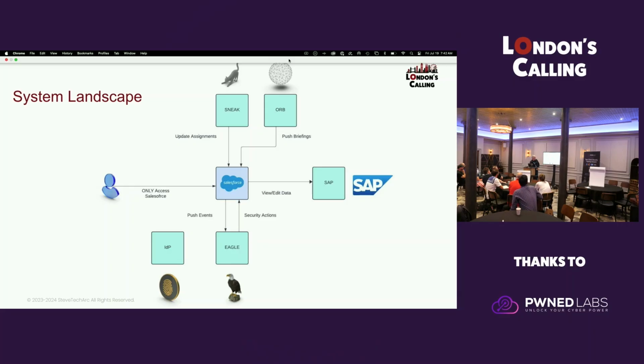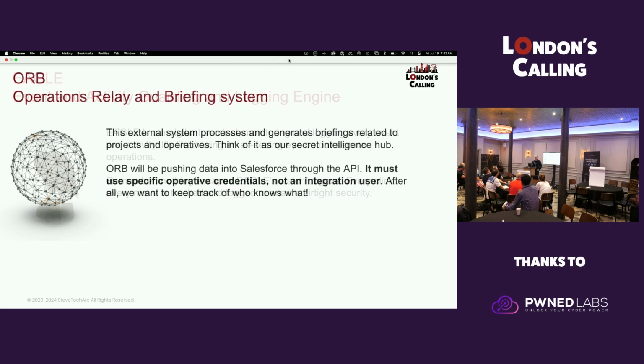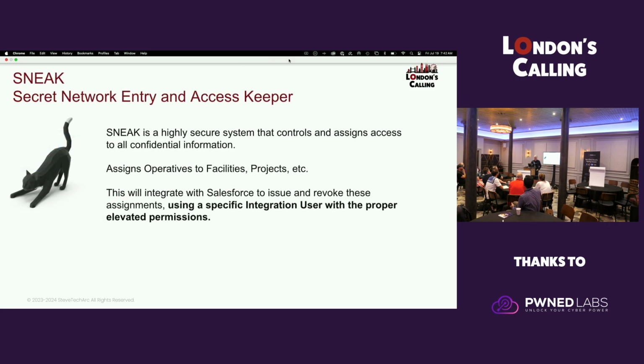So this is our system landscape, and I'm going to go back to the beginning. We have a few key external systems. First, we have Sneak, Secret Network Entry and Access Keeper. This is an external system, highly secure.